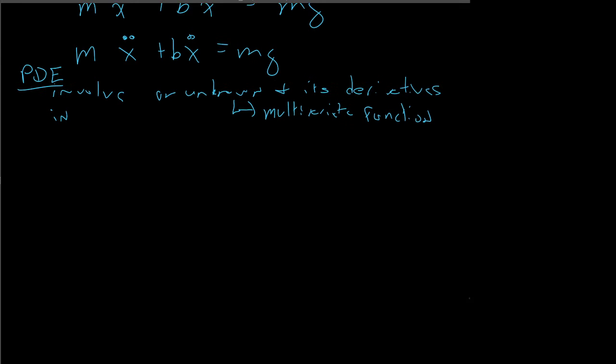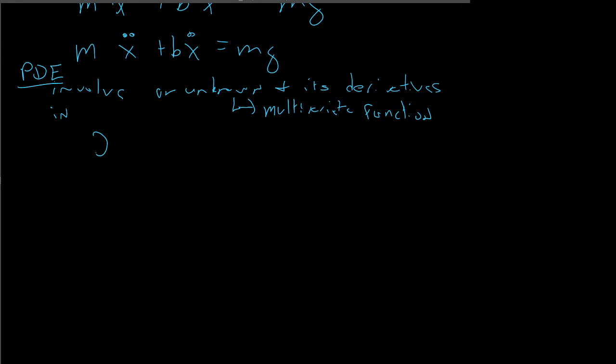And so differential equations talk about, let me show you a partial. I think the wave equation would be a good thing to show here. So the second derivative of u with respect to time is equal to the constant alpha squared times the second derivative of u with respect to position.